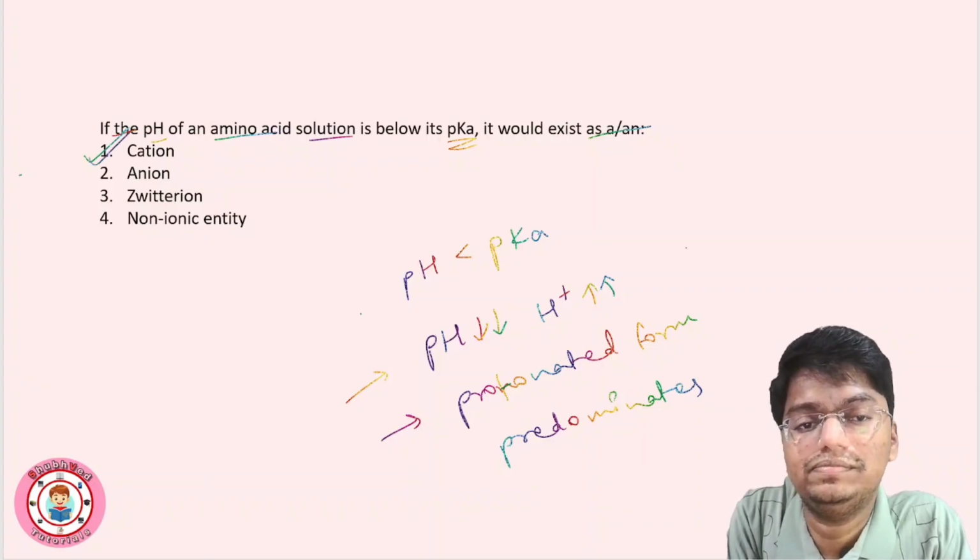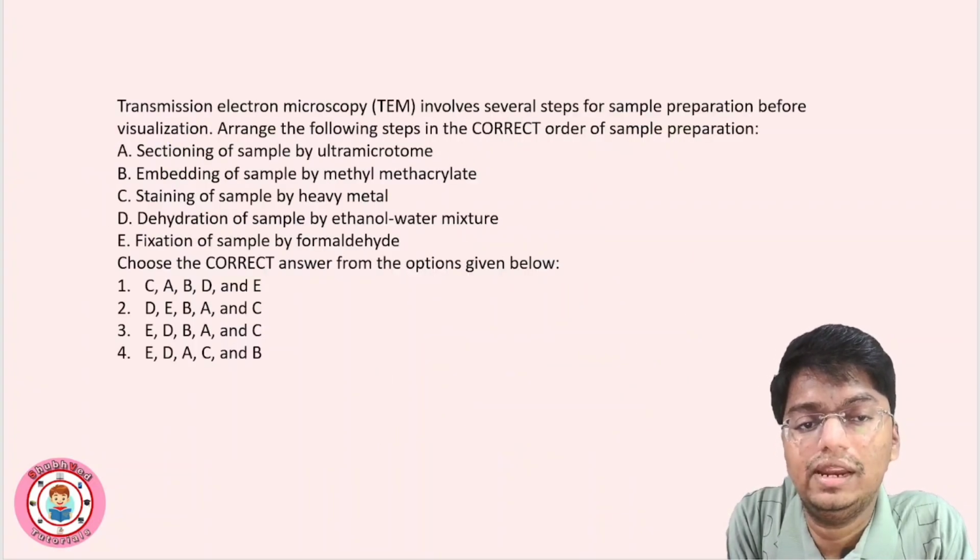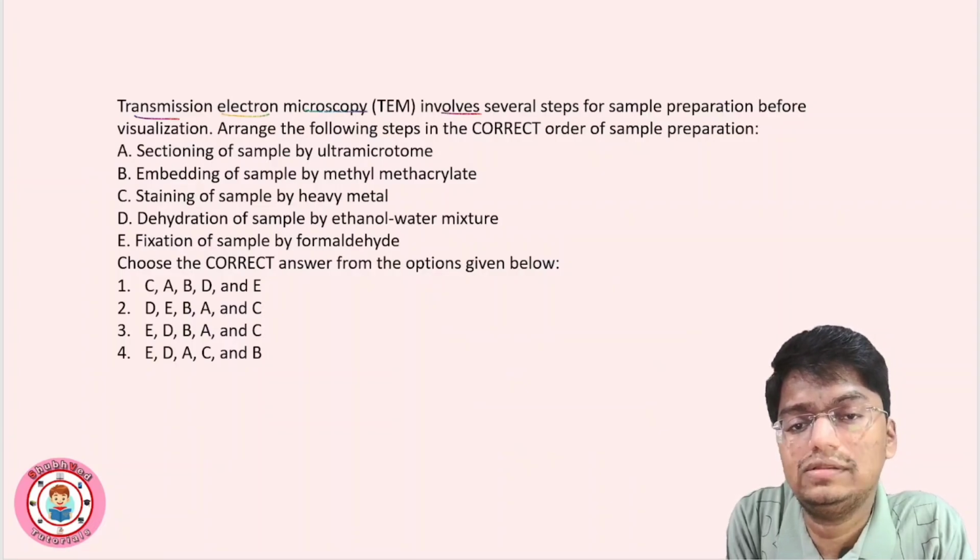Got it? Next question. Transmission electron microscopy involves several steps for sample preparation before visualization. Sample preparation has to be done, and then last is the visualization. Arrange the following steps of sample preparation in correct order.